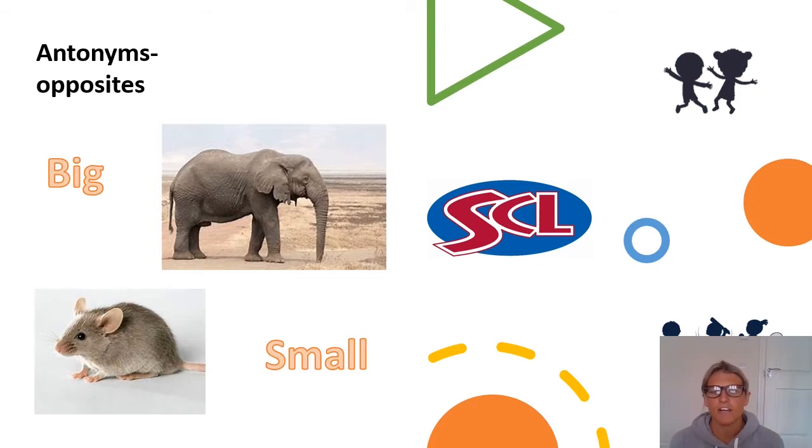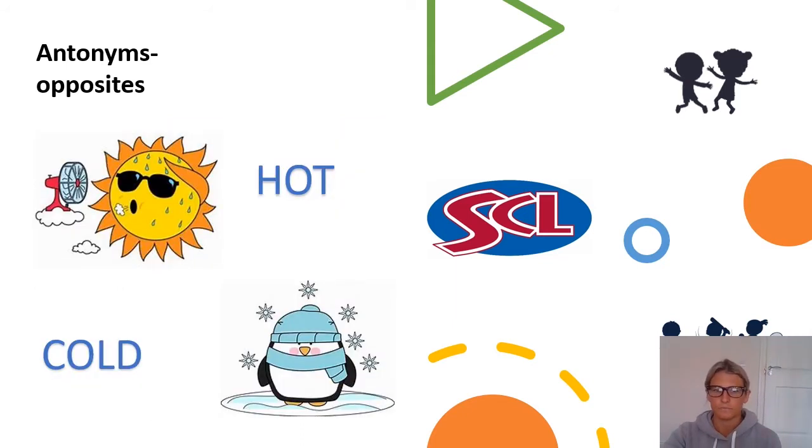So here is your first example. When you look at something big, such as an elephant, you will then use the opposite word, which would mean something small, like a mouse. If it was a nice, hot, sunny day, you would then use the opposite word if the weather was cold.